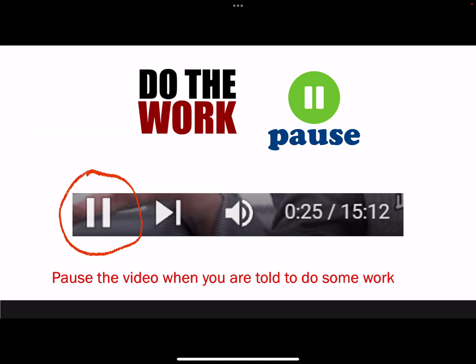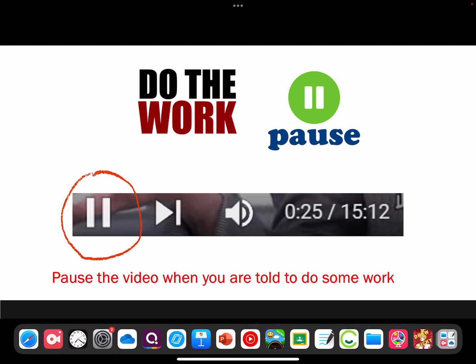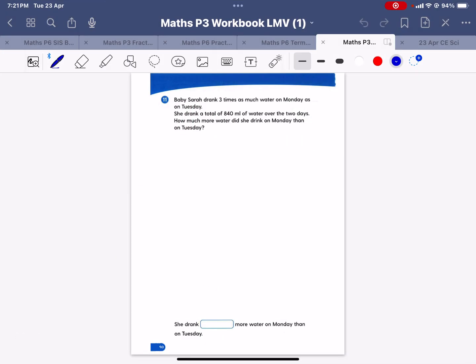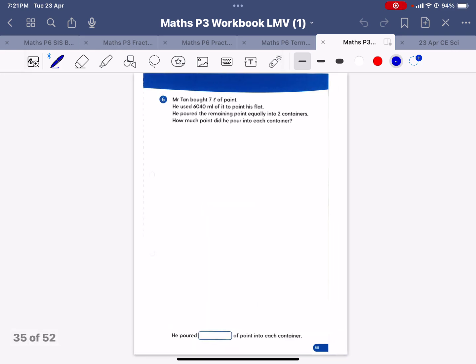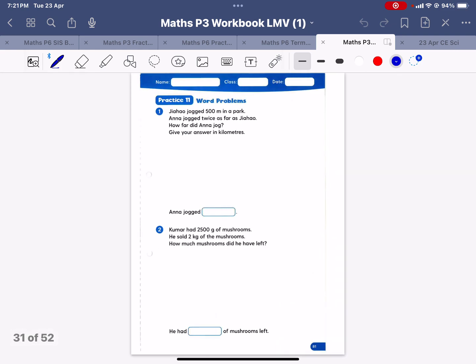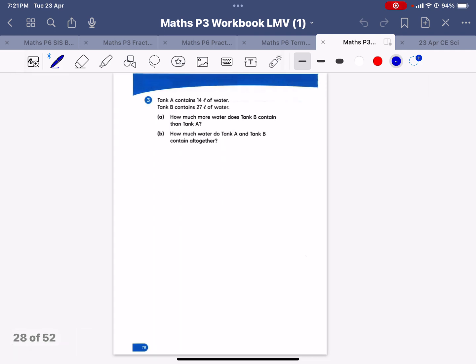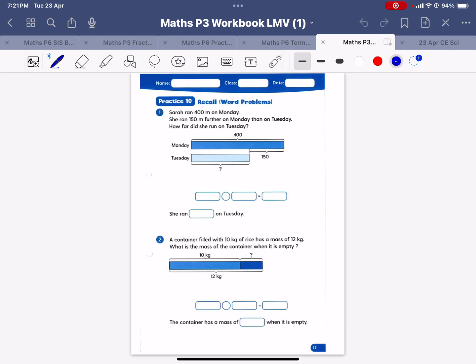Without delay, I'm now going to have the math monitors distribute the worksheets to our friends in class. This worksheet is something that we have torn out before, looking like this.